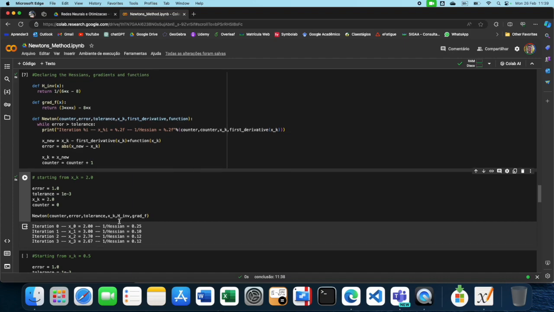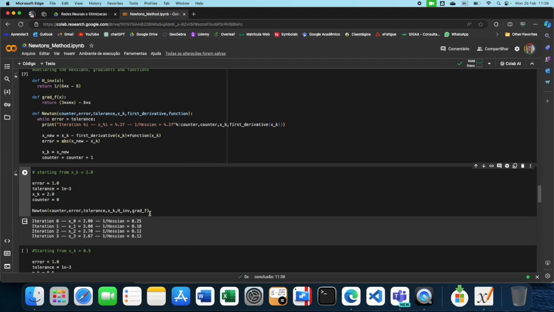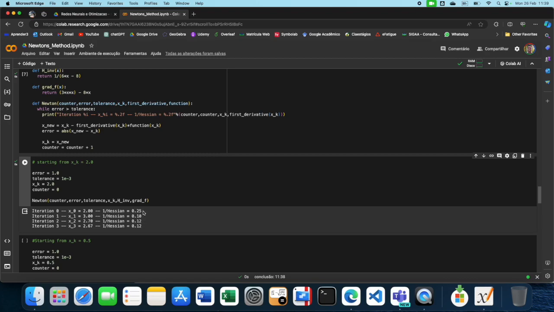And something that I want you to pay attention to, keep in mind that in every iteration, the Hessian, the 1 divided by Hessian, was a different value. So it was changing in every iteration.